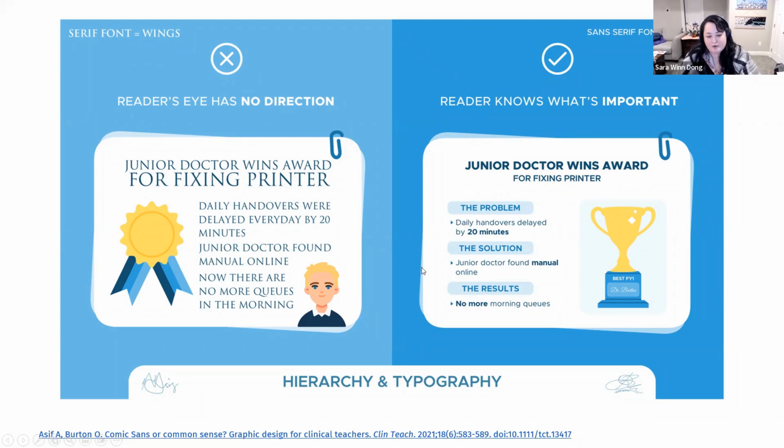So just a really great example of how you can transform the same amount of information into something that's much easier to read and clear to your reader as far as what is the most valuable information they should take away.